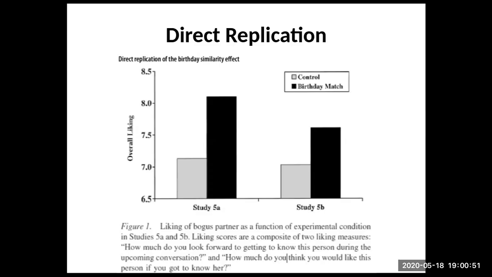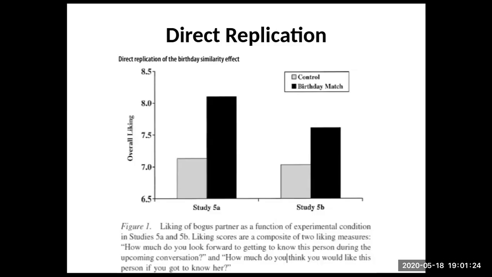And then the person was asked, how much do you think you would like this person if you got to know him or her? How much do you look forward to getting to know this person during the upcoming conversation? And all of that. So in the control group, they weren't matched for anything, but in the experimental group, they were told that this person had the same birthday as them before they talked to them. So again, how much do you look forward to getting to know this person who's basically your birthday twin? And how much do you think you would like this person if you got to know them?